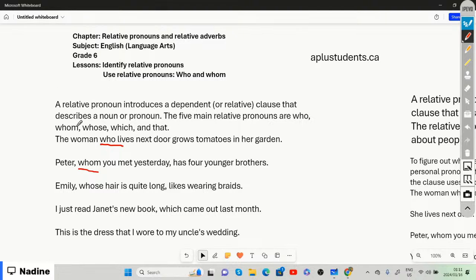So there we have relative clauses, which are who and whom. Emily, whose hair is quite long, likes wearing braids. So there we have whose.